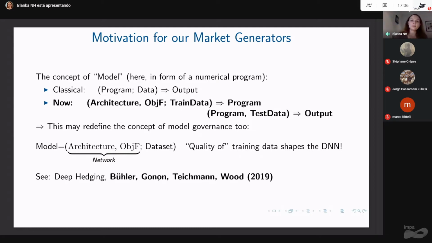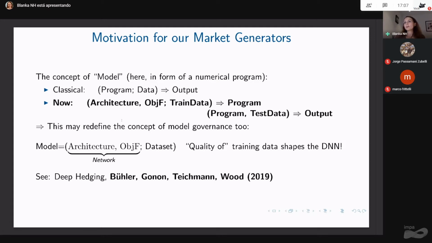This also connects quite well to the last sentence of Stefan, because one of the peculiarities of machine learning models is, of course, the training data that you provide to them, and this is where market generators come in. The observation was similar to the one that Stefan made earlier, and it originated in the setting of deep hedging.